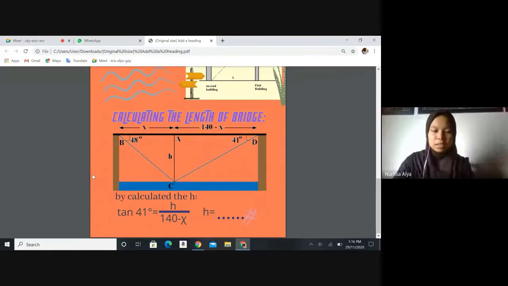We use the TOA formula also. So we substitute the value: tangent 41 degrees equals H over 140 minus x. For this one, we need to find the value of x first, so we can get the H value.